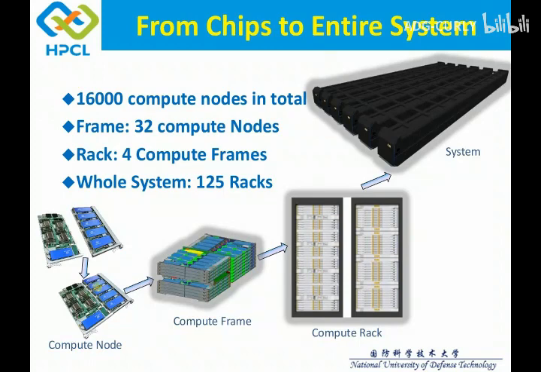We combine 32 of these nodes into a frame, and then 4 frames are put together into a rack. A rack is one of these black things that you can see over here. The total computer has 125 computational racks. So if you do 32 times 4 times 125, you come out with 16,000 computational nodes.